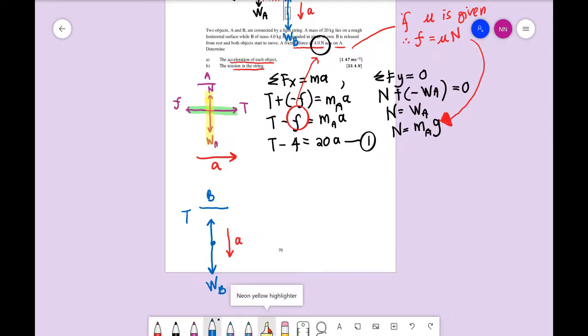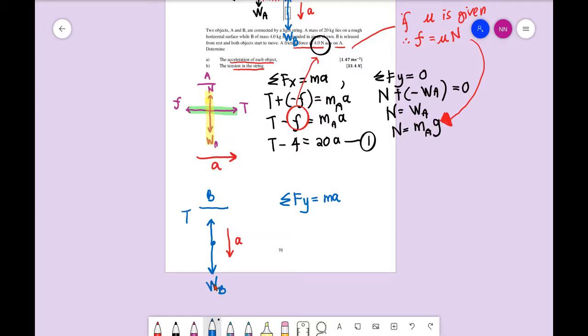So let us apply Newton's second law for object B. Because object B accelerates in the Y component, net force Y for object B equals ma.